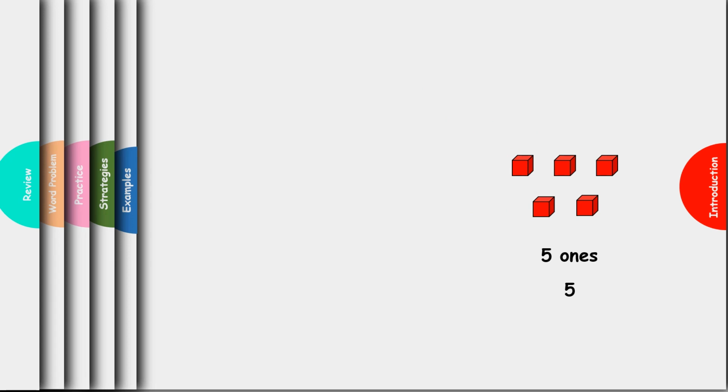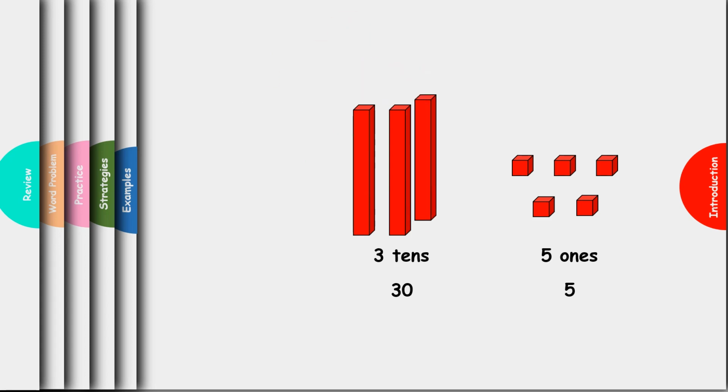Now when we say 3 tens or 30, it is represented by 3 rods. 1, 2, 3, or 10, 20, and 30.